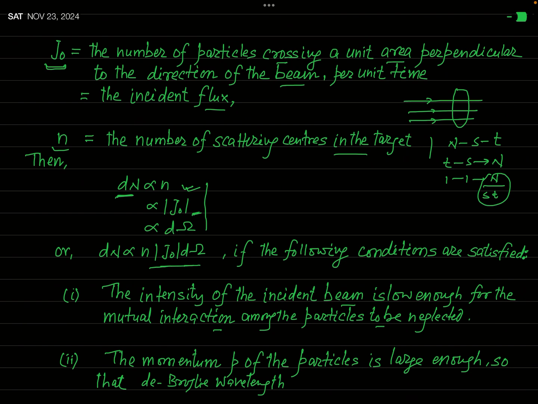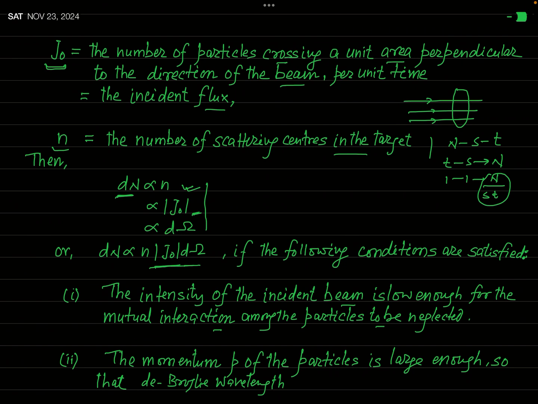But in this experiment, we have to assume that the incident particles do not interact with one another. So when will they not interact? Only when they are far separated. And they will be far separated only when their density is small. So for the validity of this relation, the first condition is that the number of particles per unit volume, or the intensity of the incident beam, must be low enough.